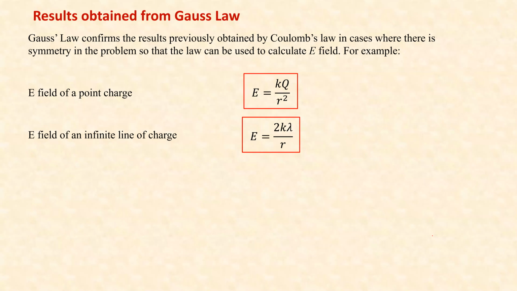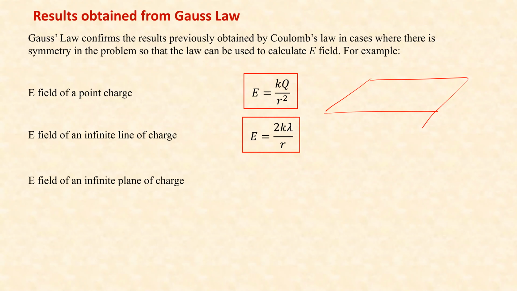So this is the result. For that, you see that you can get it from Gauss law. The E field of an infinite plane of charge. What is that? Suppose we have an infinite plane of charge like that, and of course, this is part of it.